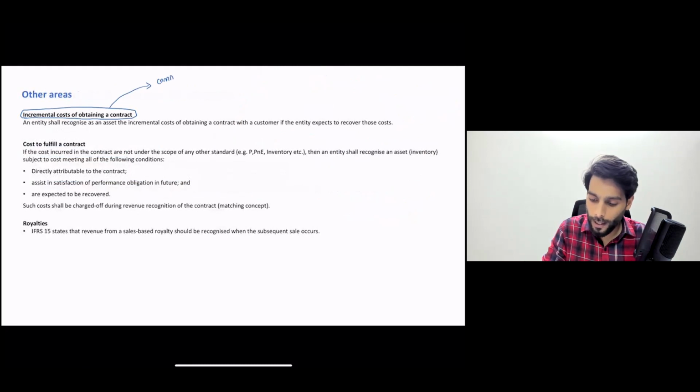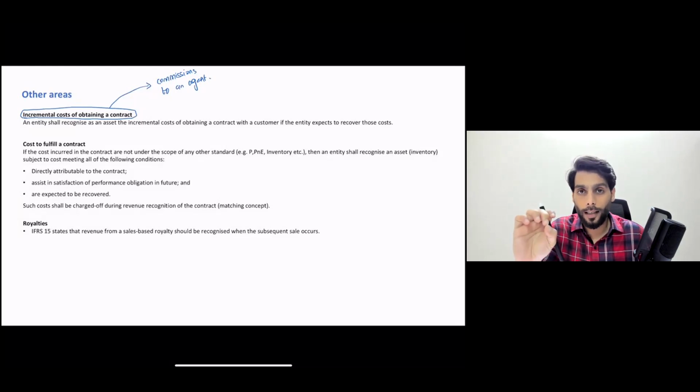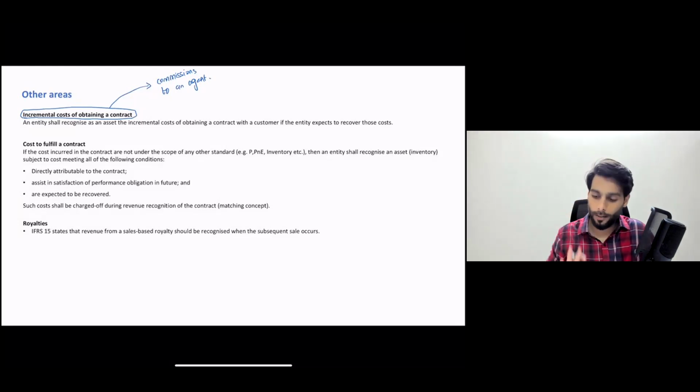For example, you have to pay commissions to an agent. For example, in order to obtain a contract, you paid commission to an agent, or you bought some bonds, or you bought the tender. How to deal with cost of obtaining a contract?